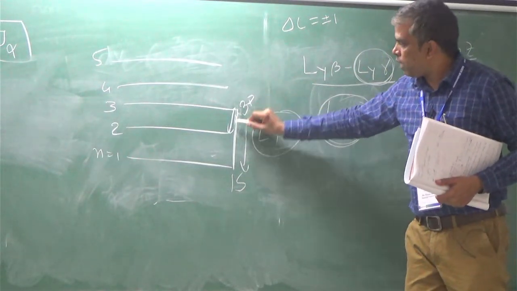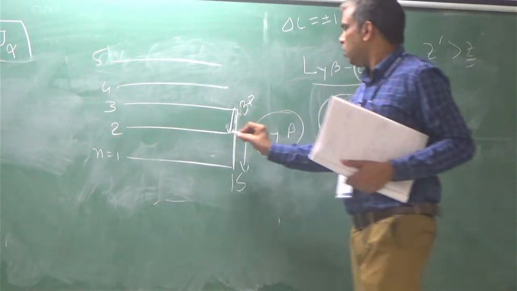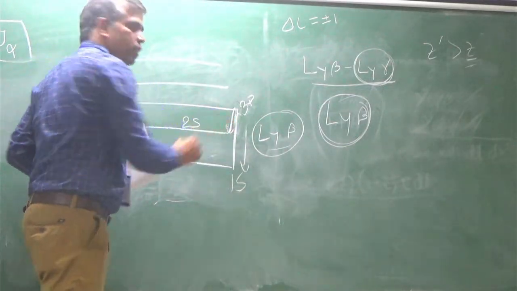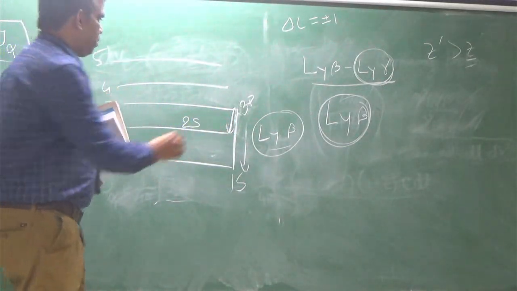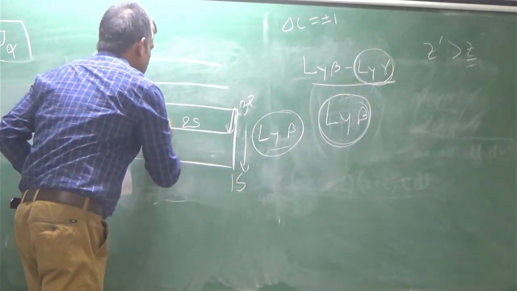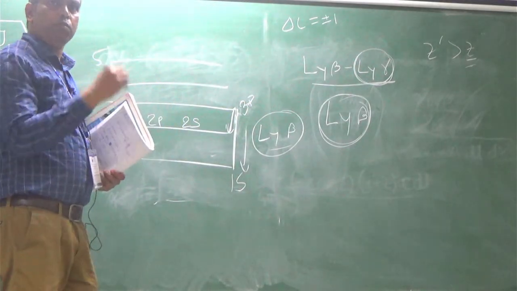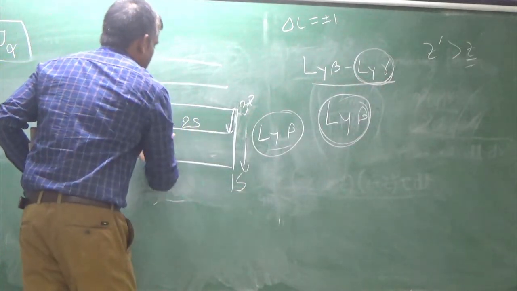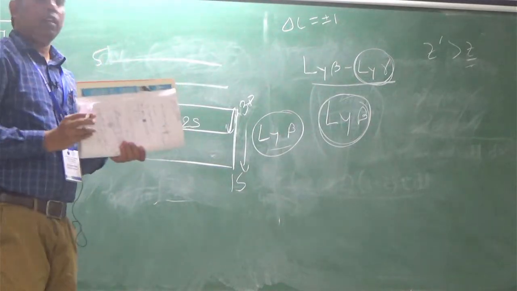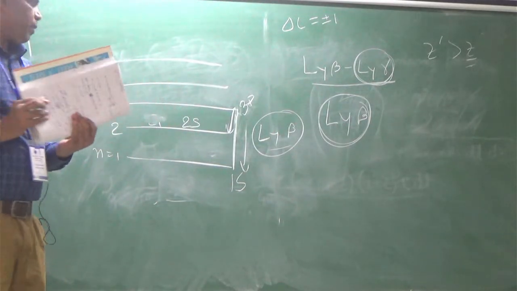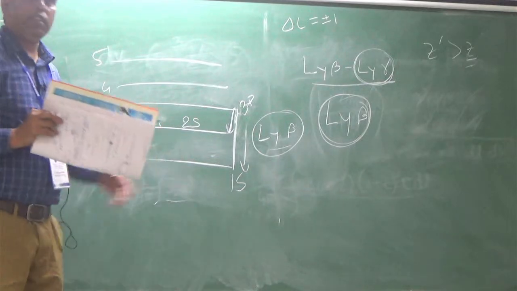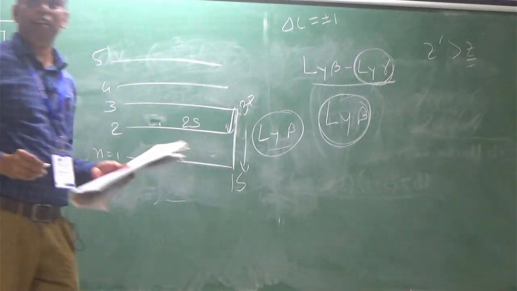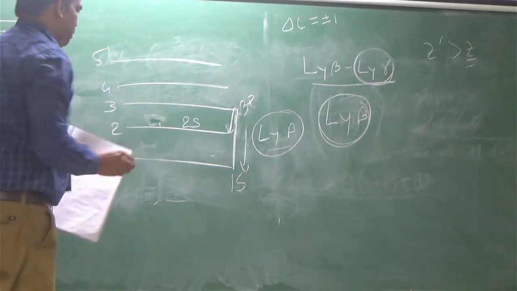Now while cascading down, it can come down to 2s state because 3p to 2s is possible, but 3p to 2p is not possible because of the selection rule again. So it will come back to 2s state. Okay. Now remember, it is said that 2s to 1s transition is forbidden because again this selection rule comes into this.